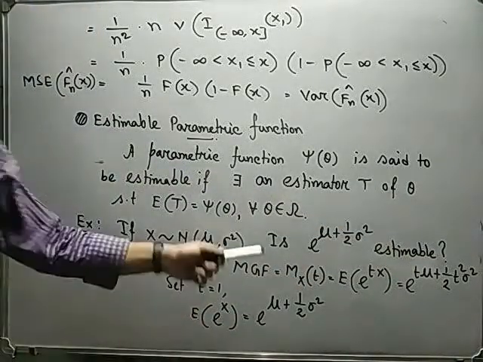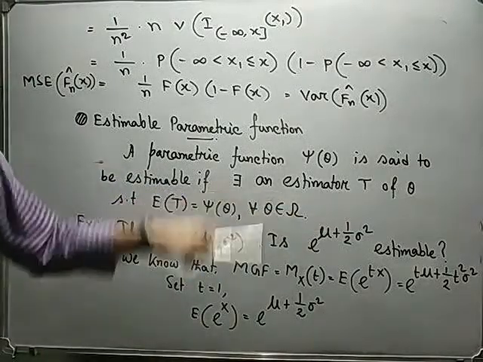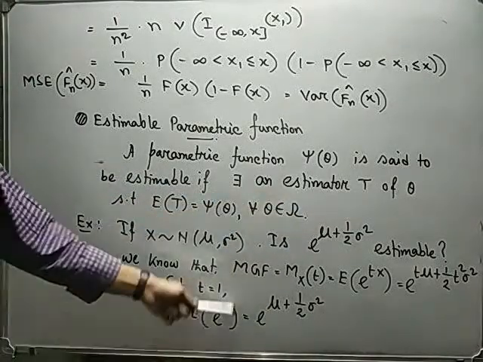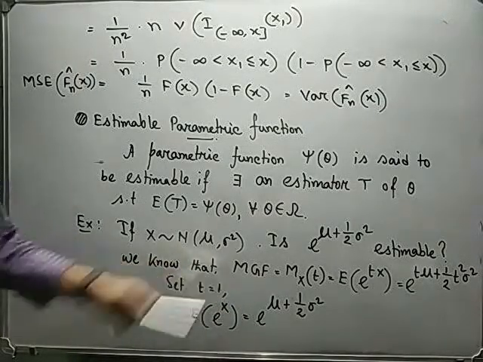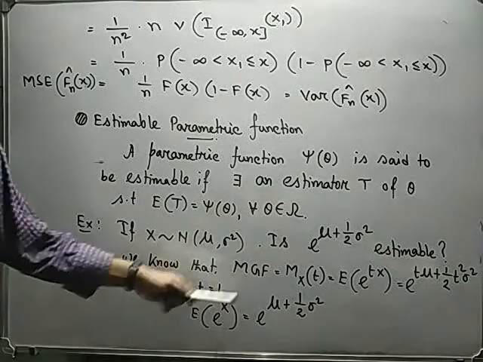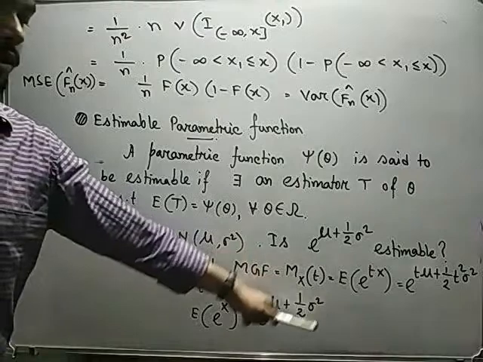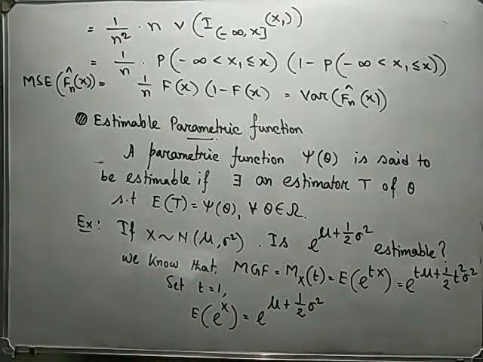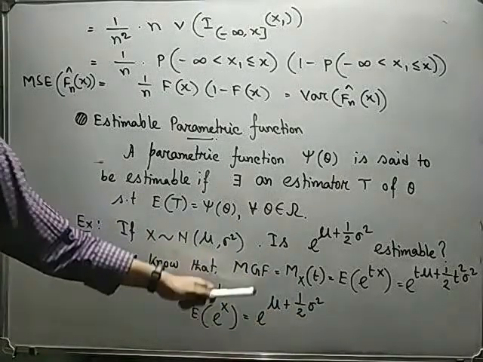So in the question, e to the power mu plus half sigma square is estimable, as we get an estimator, which is capital T, and which is basically e to the power X. So the expectation of e to the power X is equal to that psi theta, or you can say equal to that parametric function. So e to the power X is an unbiased estimator of this function.